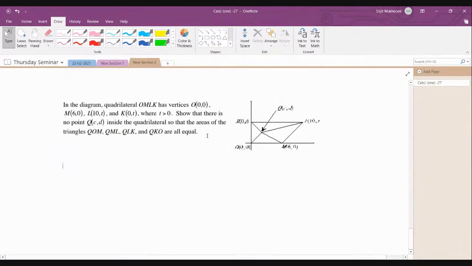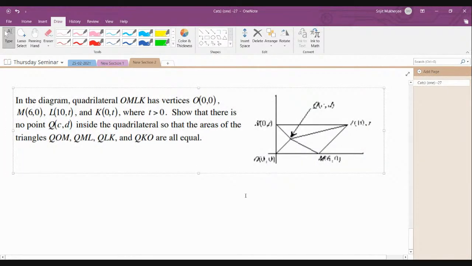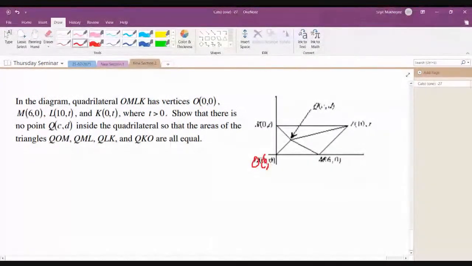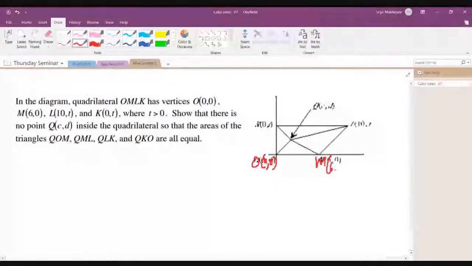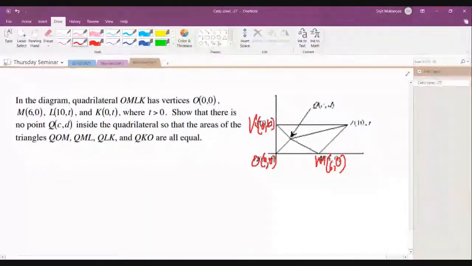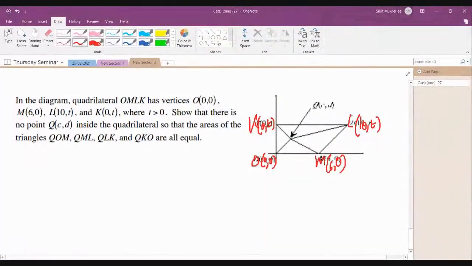The question gives the diagram of a quadrilateral. This is a very bad blurred image, I don't even understand which is which. O is 0, 0, M is 6, 0, K is 0, T, and L is 10, T, the same height.